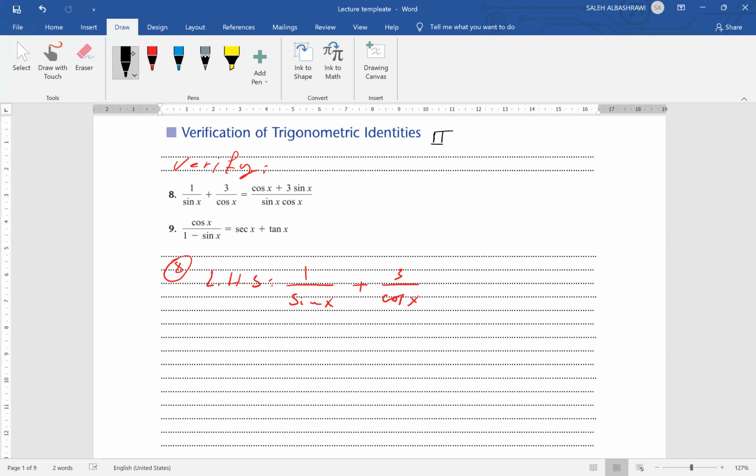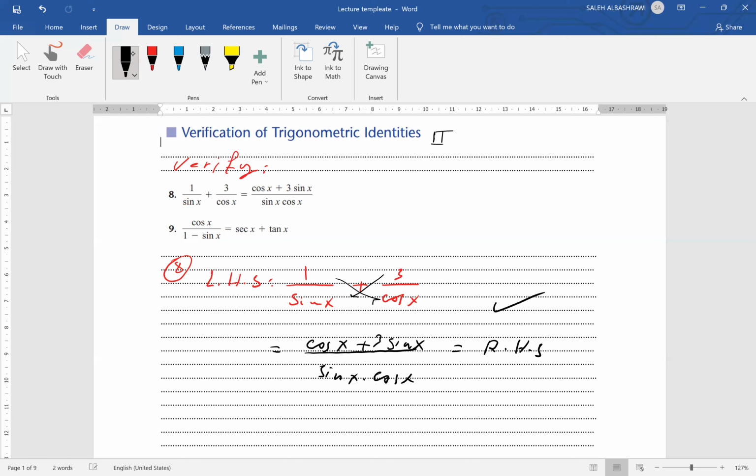By finding the common denominator for both of them, or doing just like cross multiplication, I will have cosine times 1 will give me cosine x plus 3 times sine x is 3 sine x, divided by sine x multiplied by cosine x, which is the right-hand side.